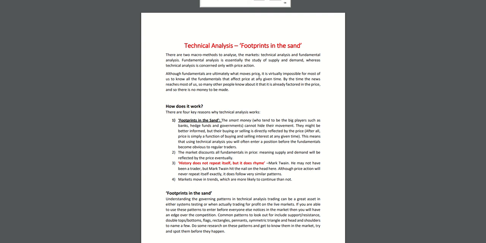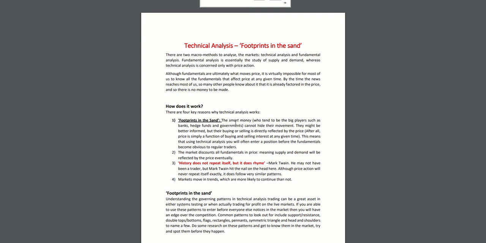Going through this course, here are the four key reasons why technical analysis works. First, smart money: the big players, hedge funds, banks, governments, can't hide their movement. They might be better informed than us, but their buying or selling is directly reflected by price, so we see that on the charts.